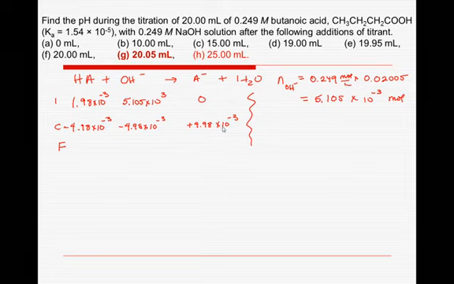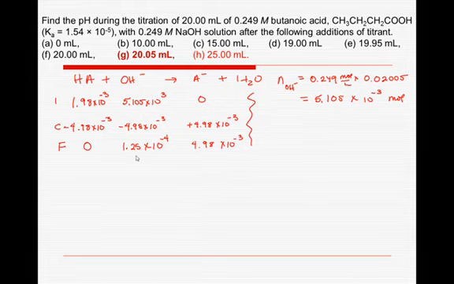We subtract these two numbers under HA and we're left with 0. We subtract these two numbers under OH minus and we're left with 1.25 times 10 to the minus 4. And we have 4.98 times 10 to the minus 3. By the way, this 5 is not significant. I'm just carrying it extra for now.